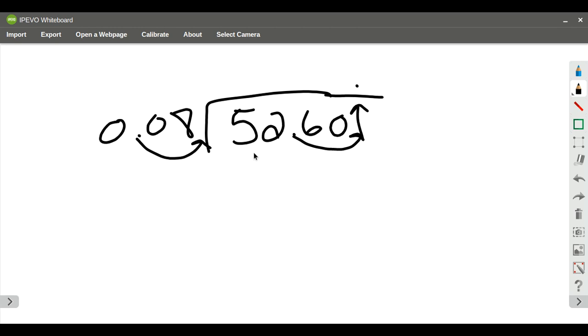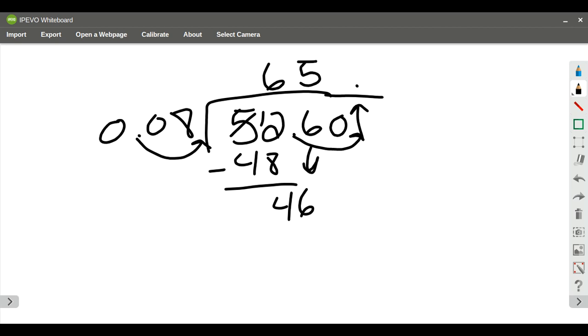And now I'm looking at how many times 8 goes into 5,260. So 8 is going to go into 52 6 times, which is going to be 48. I write that underneath and I subtract. And then I'm left with 4. Bring down the 6. 8 is going to go into 46 5 times. 8 times 5 is 40. So I write that underneath 46. Subtract. I have 6.